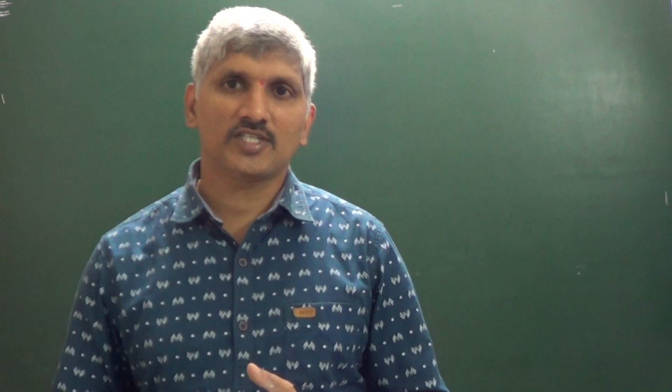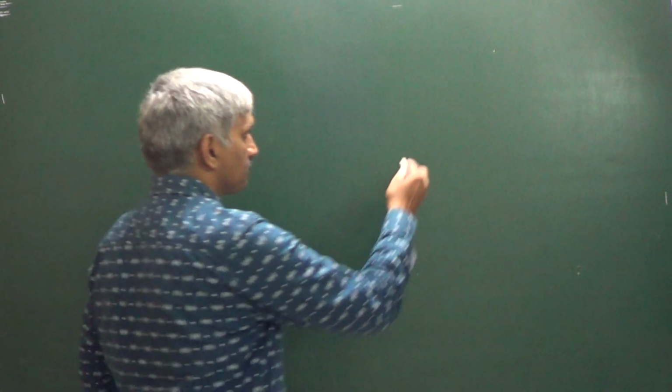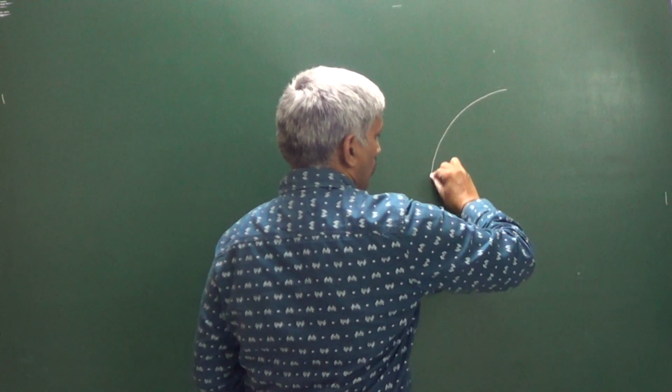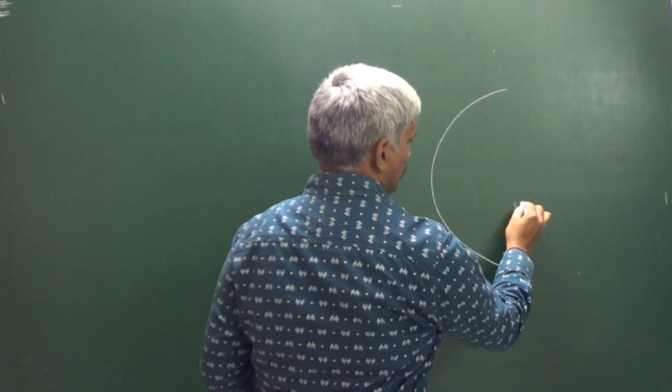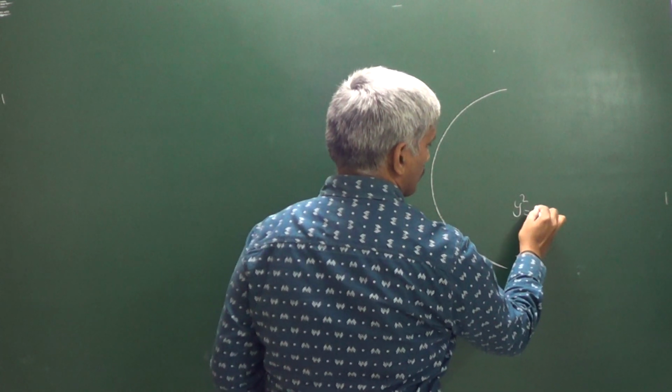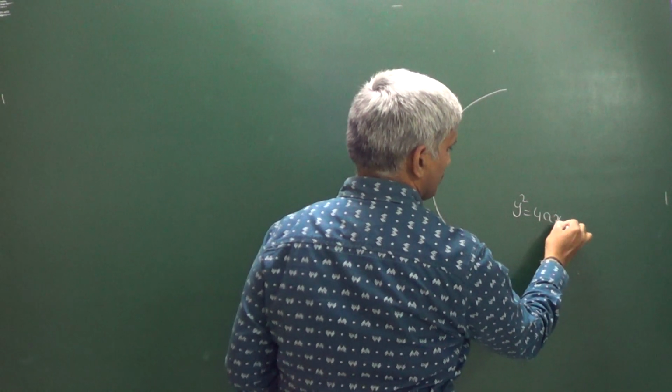Last class we discussed the equation of the tangent to the parabola at a point x1, y1. This is the parabola y square is equal to 4ax.